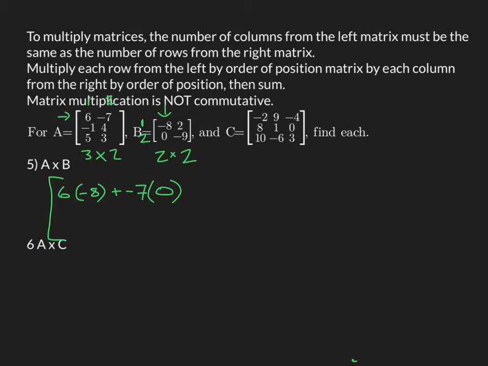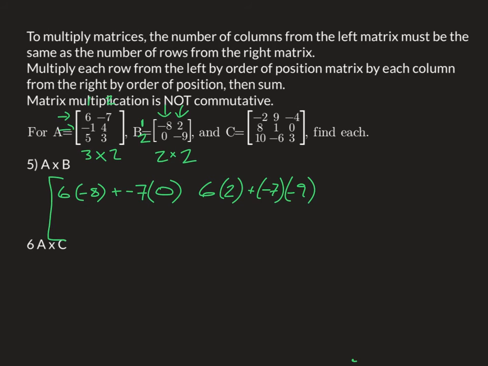Next, I'll stick with the first row, but now I'm going to go to the second column. So the 6 and the -7 are going to multiply by 2 and -9. So 6 comes first, 2 comes first, -7 comes second, -9 comes second. So that was the first row multiplied by the first column, then the first row with the second column.